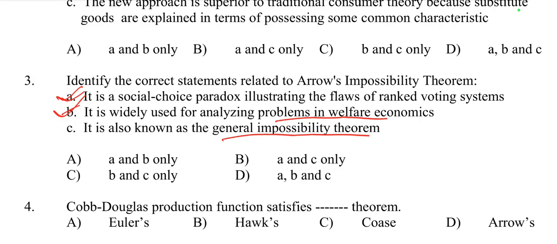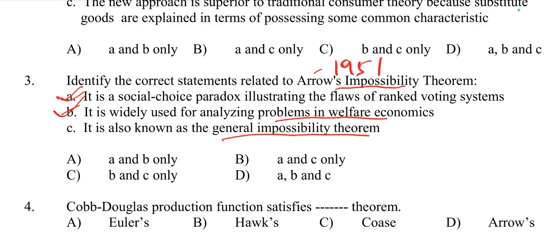It is a fundamental result in social choice theory. It was formulated by economist Kenneth Arrow in 1951, in his book Social Choice and Individual Values.